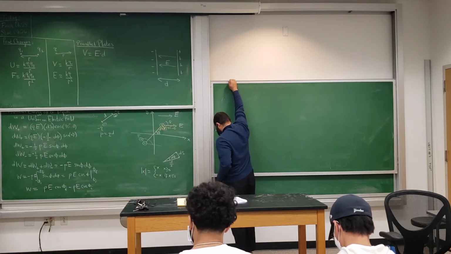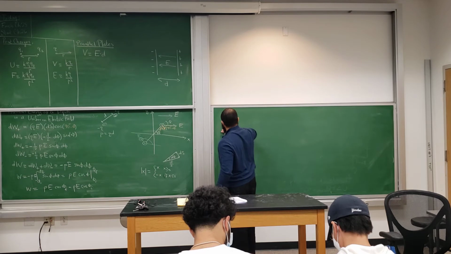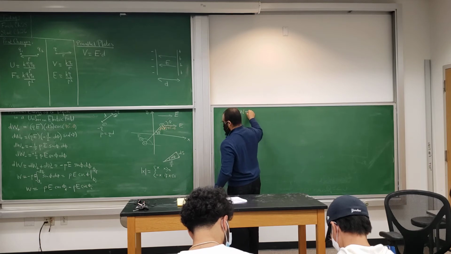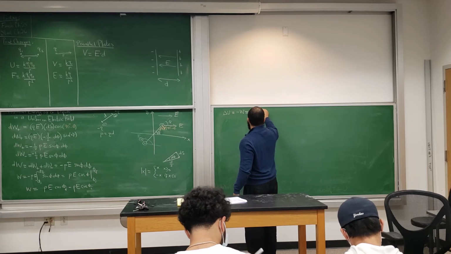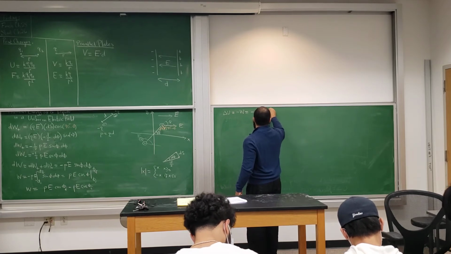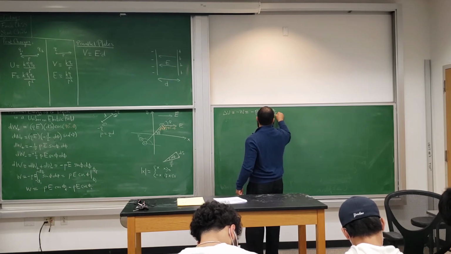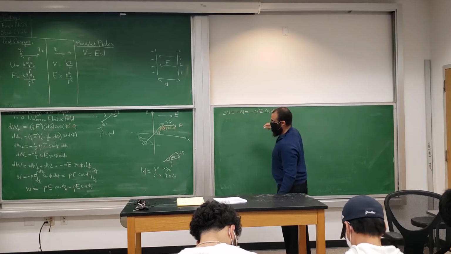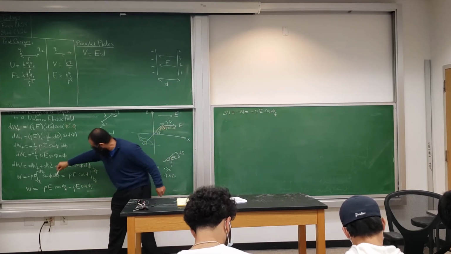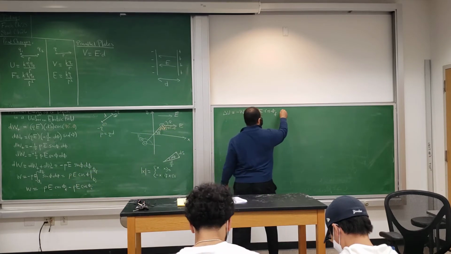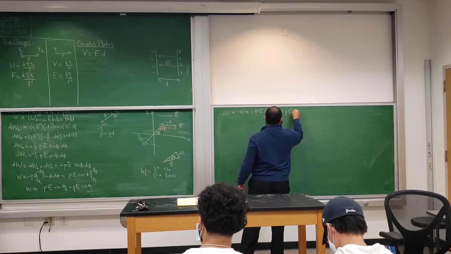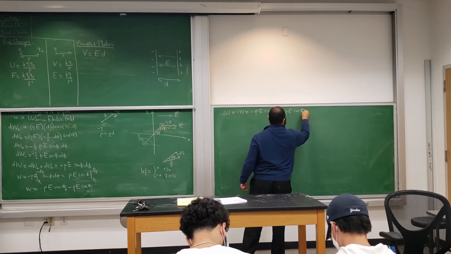Delta U equal to minus W, that is equal to minus PE cosine phi final, and when you put a minus sign in front of it, this becomes a plus, so plus PE cosine phi initial.